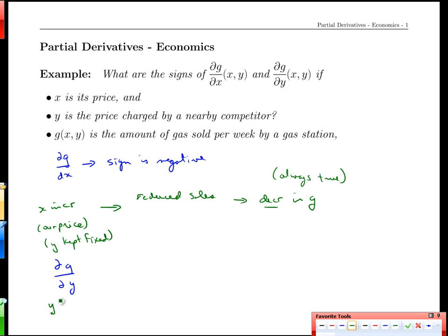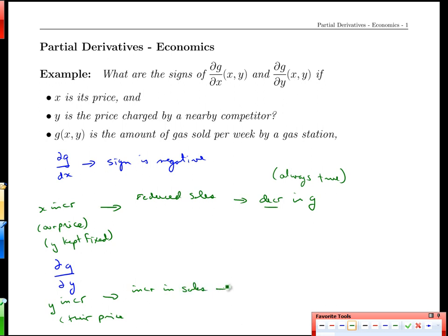Again, we talk about an increase in the input. What happens when y goes up? Well, y is their price, our competitor's price. And if our competitor's price goes up, we expect more customers are going to come to our side, so we expect an increase in sales.